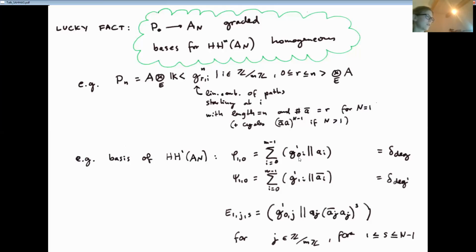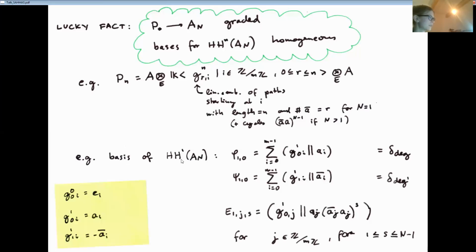In this case not so much is happening, because in fact this G0I1 is a one-step move away from vertex I without any reversed arrows. So this is AI. This is just mapping AI to AI, and the anti-clockwise arrows are mapped to 0. They are not part of this linear combination here.